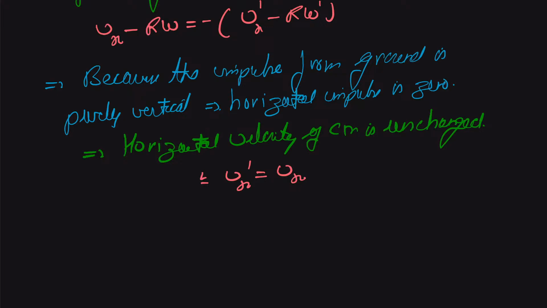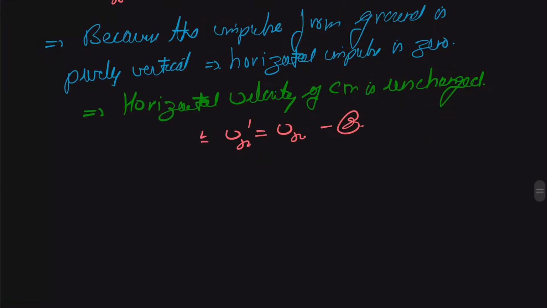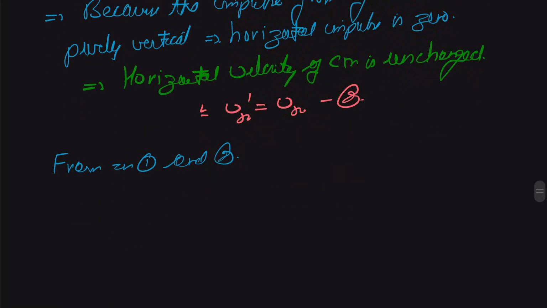And let us call this previous equation our 1 and this equation as our 2. So therefore, from equation 1 and 2, if we substitute our Vx prime as our Vx, we can write this our Vx minus r omega will be equal to minus of our Vx and minus of our r omega prime.